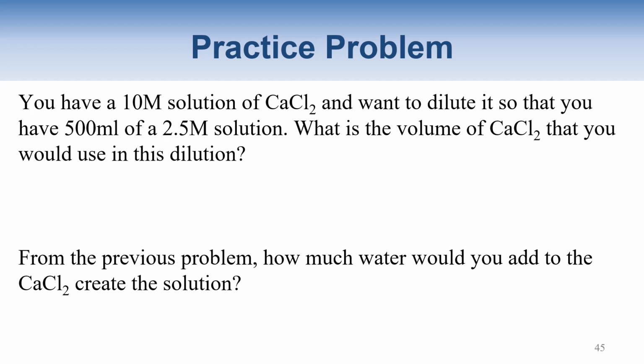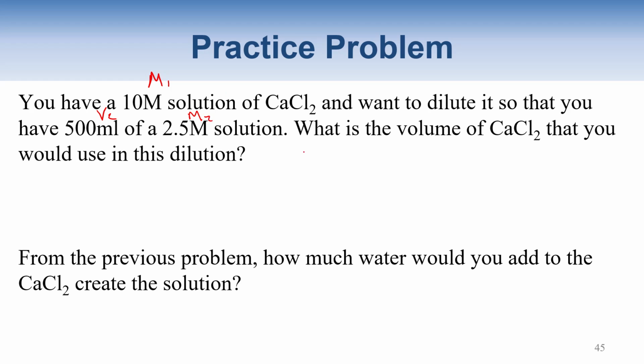All right, so you have a 10 molar solution of calcium chloride and want to dilute it, so you have 500 mils of a 2.5 molar solution. So this is our M1. We don't know our V1. This is our V2 and M2.